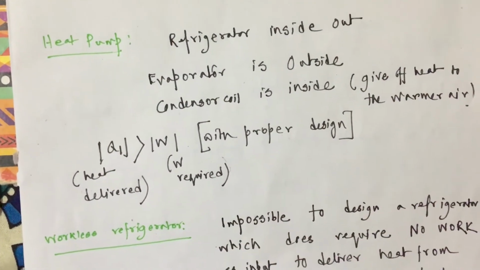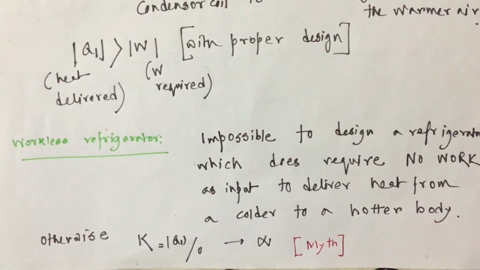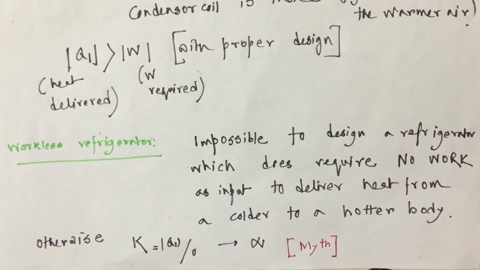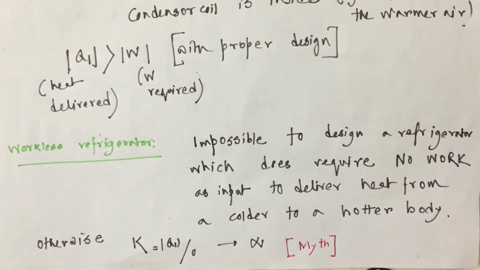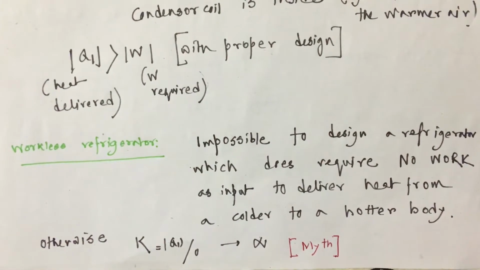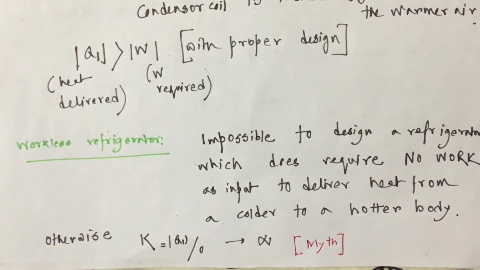Now what about a workless refrigerator? What is a workless refrigerator? A workless refrigerator is something where, without any work input, we would be able to deliver heat from a colder to a hotter body.